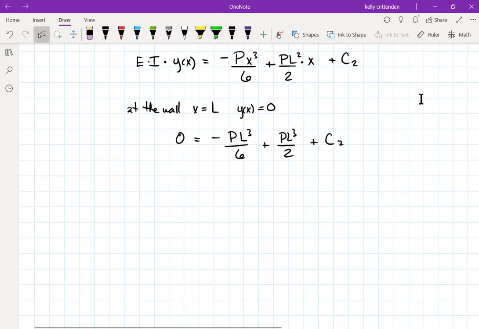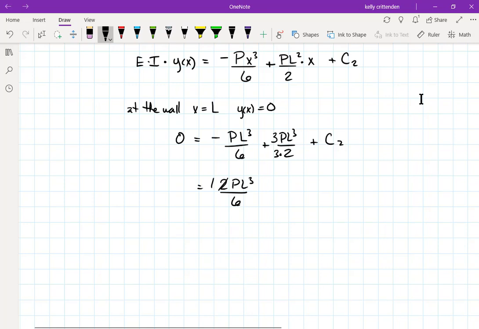and I can combine these together, so I could multiply both of these by 3, so I can add them. And I have negative PL cubed over 6 plus 3PL cubed over 6. So that'll give me 2PL cubed over 6. And then 2 over 6 is just 1/3.